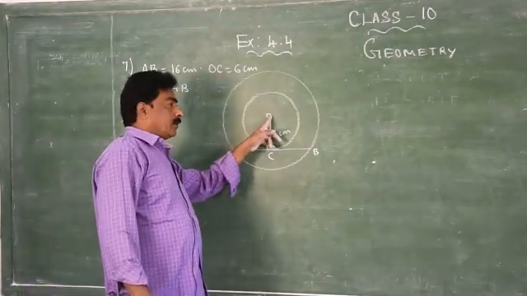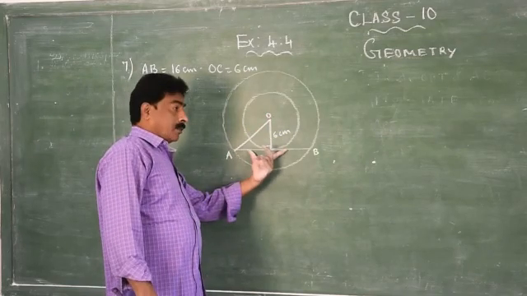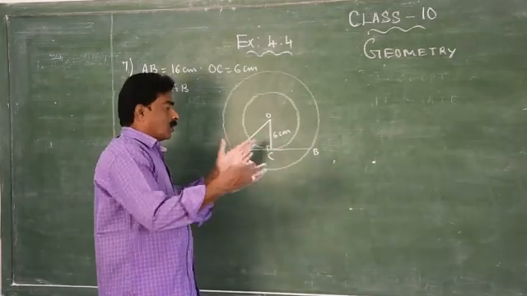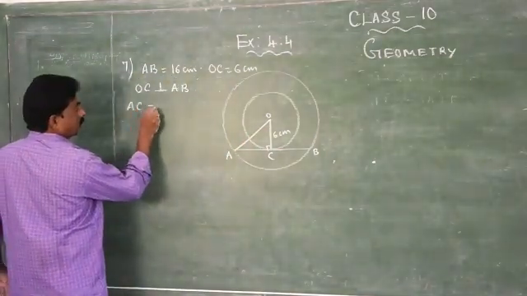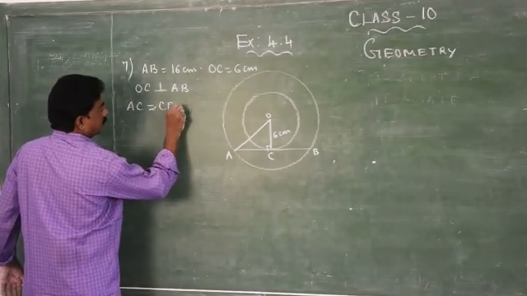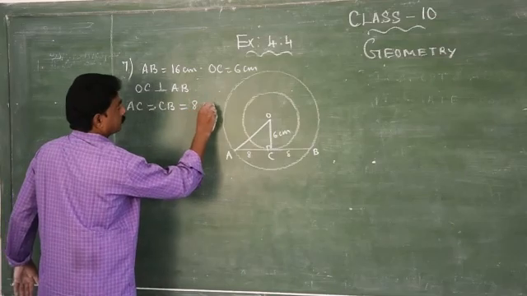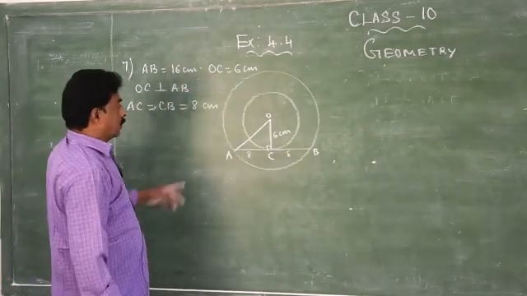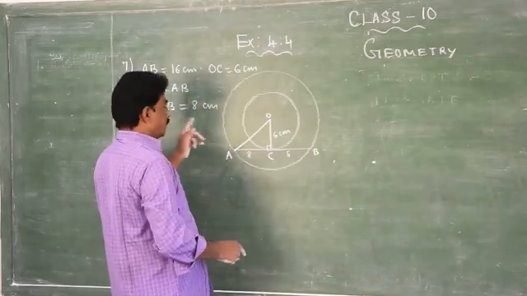In the 9th standard we learned the perpendicular drawn from the center to a chord bisects the chord. So AC is equal to CB, it becomes 8 and 8.